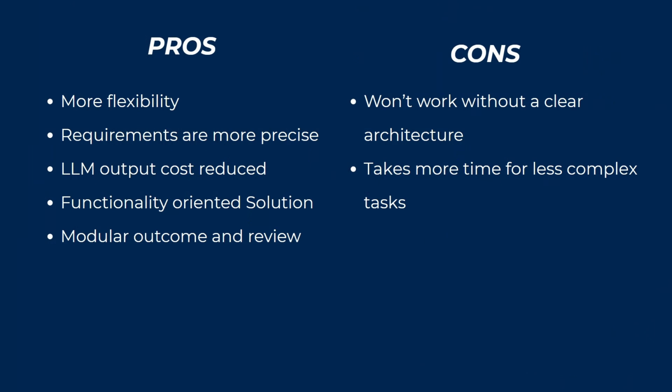And so this is, of course, more flexible. The requirements are more precise, because you're targeting the very core functionality. You must be able to know already what you're doing. You need to have an idea about the engineering, the components of the code, and hence you have more precise requirements here.